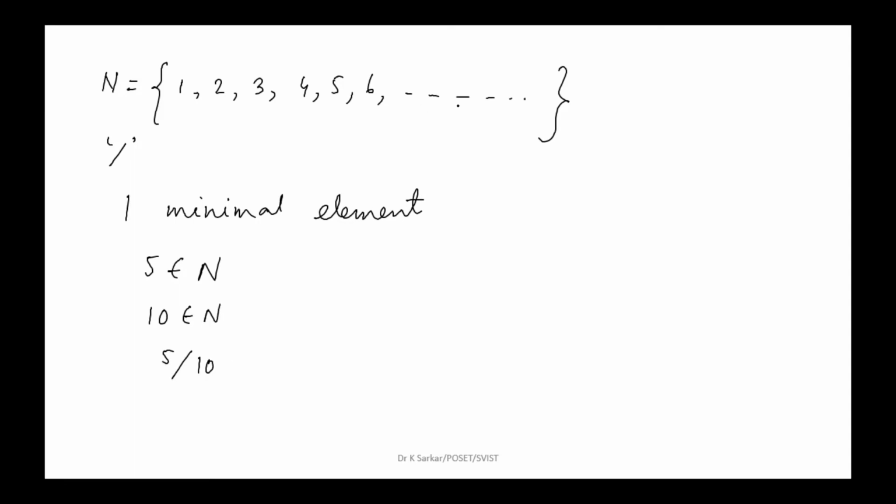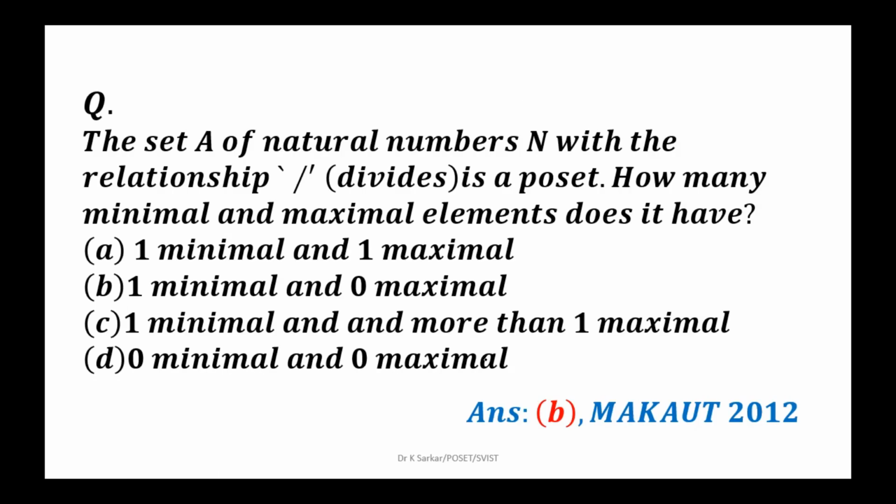In this way, if you take any number in the set N, then it will have a successor. Therefore, N does not have any maximal element. So, 0 maximal elements. Option B is the correct answer.